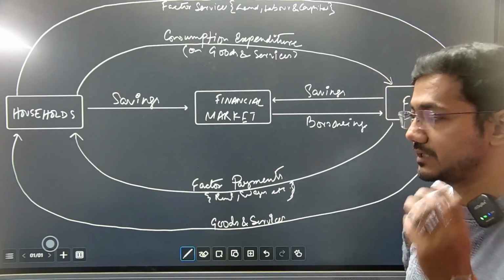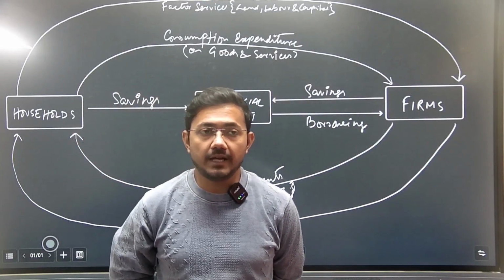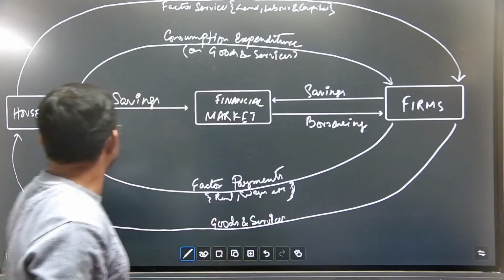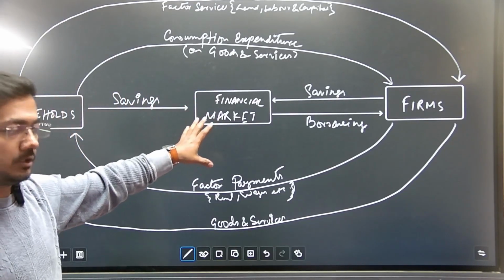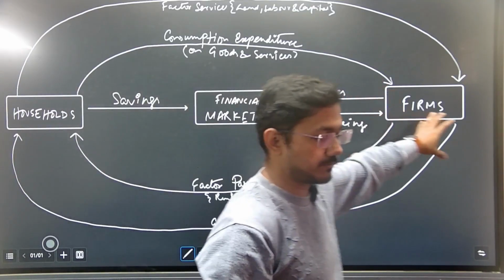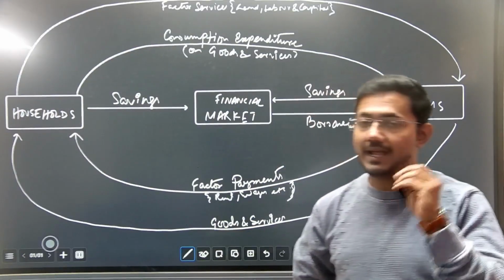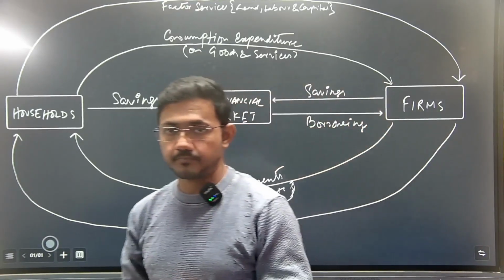But now we will explain it. If I ask you, among these three components of an economy, that is household, financial market and firms, which component has the highest amount of cash with it?